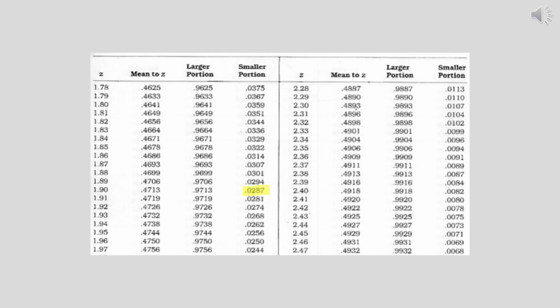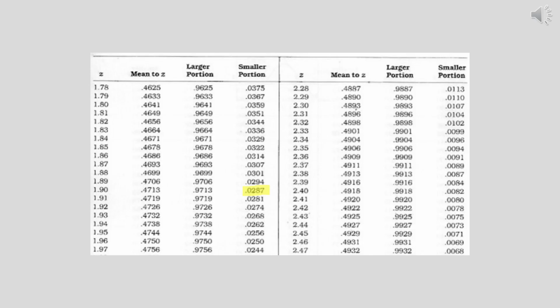So you find a z-score of 1.90 on your normal distribution table, and we're interested in the smaller portion, and specifically the positive smaller portion, because this is a z-score of 1.90, so it's above the mean, and we think in our alternative hypothesis that this person does in fact have more cell phones than the average.